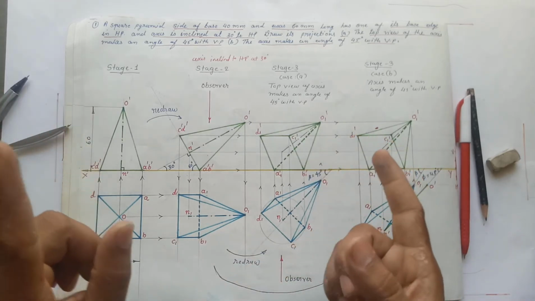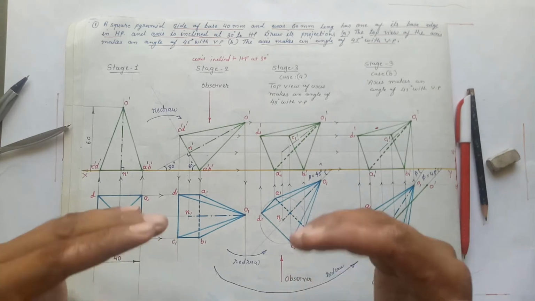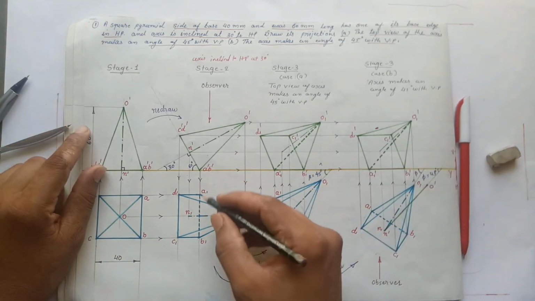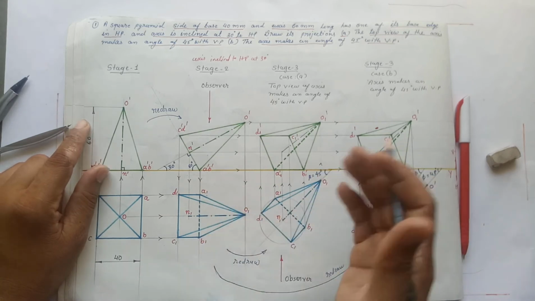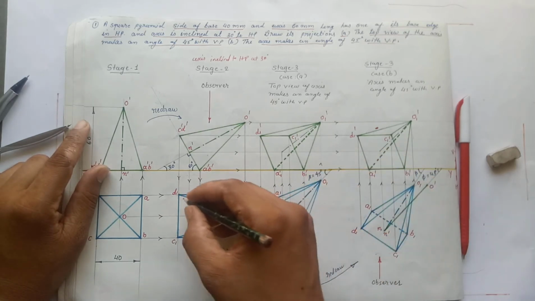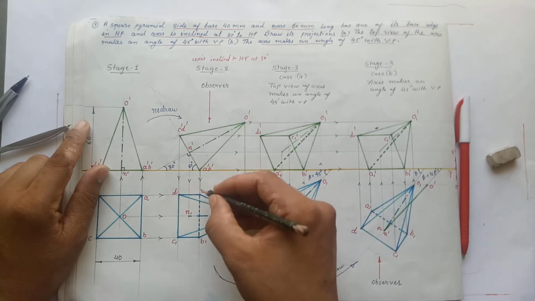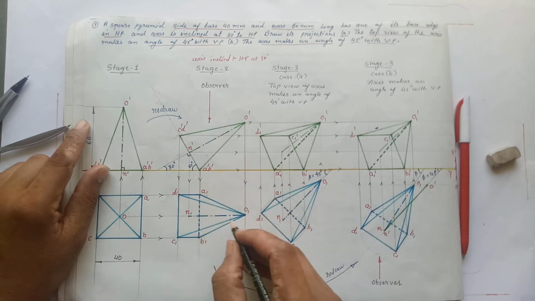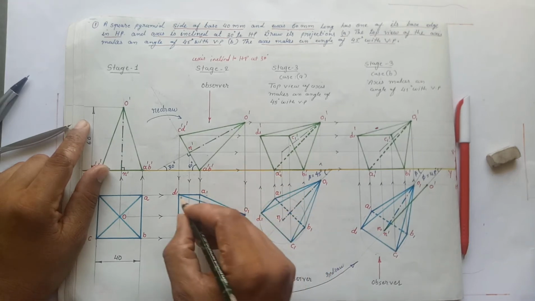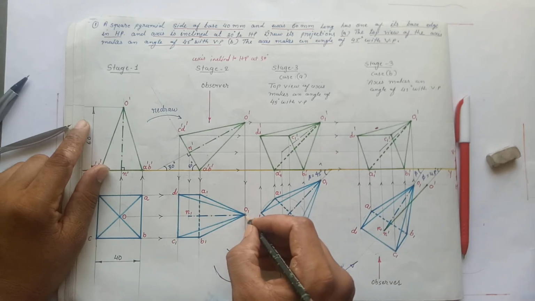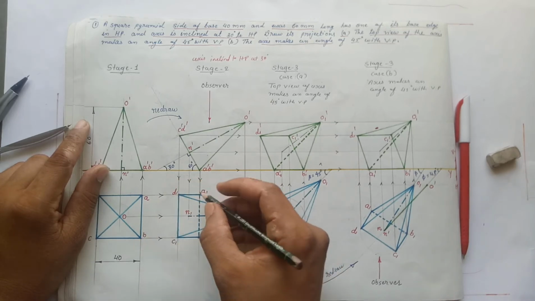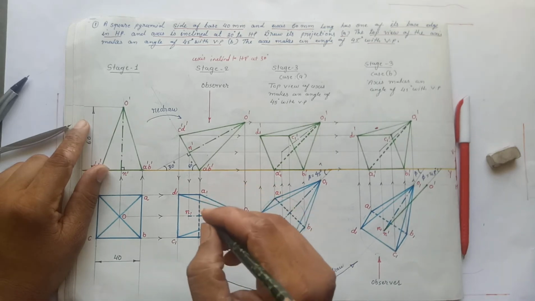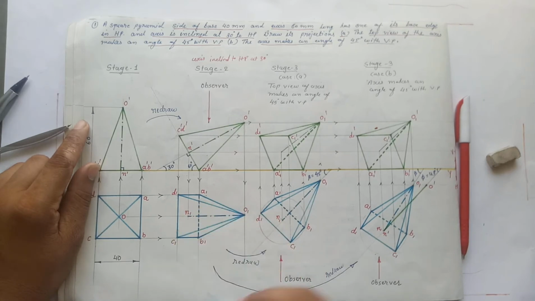That rule is: two visible lines will never intersect and two hidden lines will never intersect. If you would draw A1B1 visible, it would intersect the visible outline of A1D1, and by the rule of intersection two visible lines will never intersect. So A1B1 is going to be hidden. So this is the plan in the second stage.